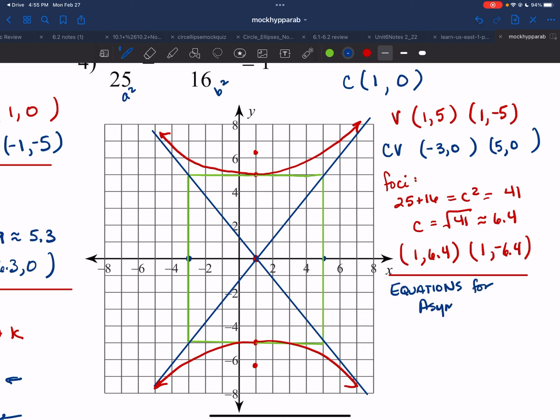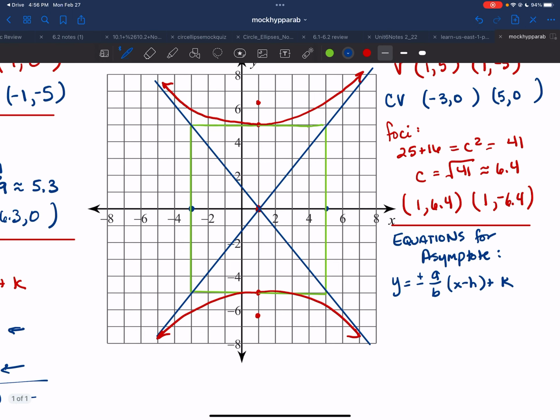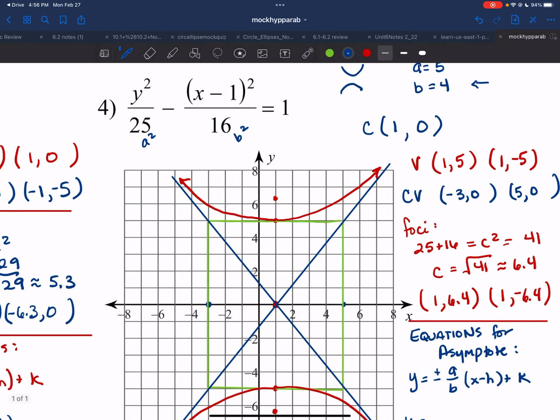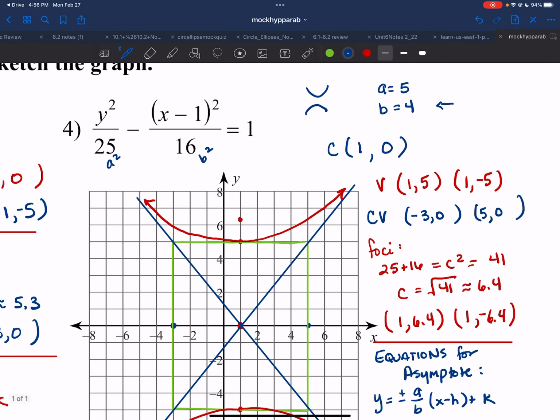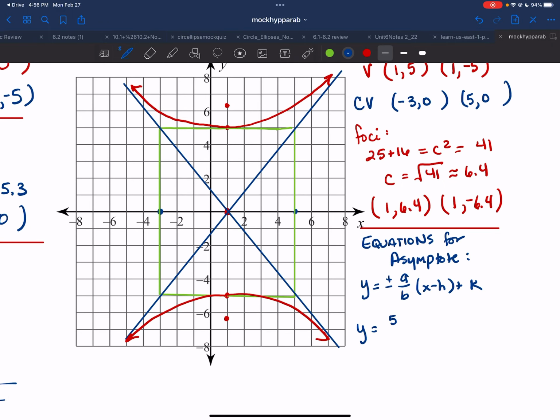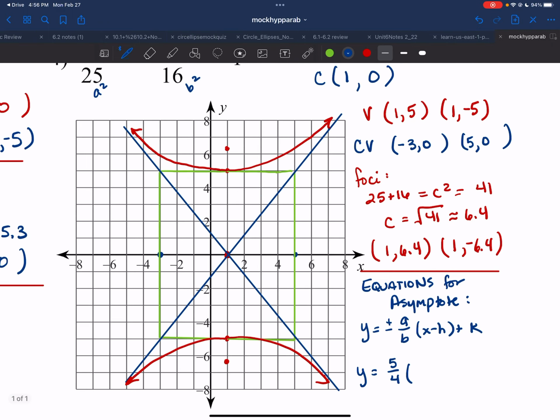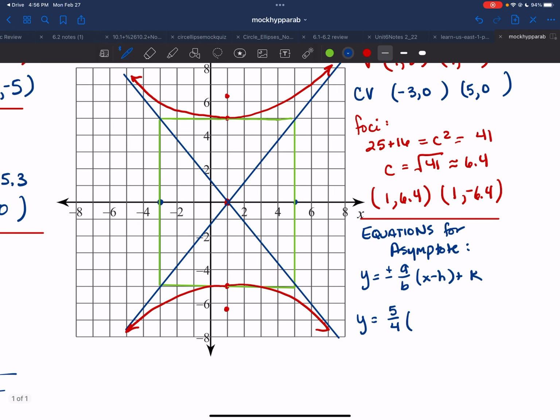Okay, so we have y is equal to, and remember this is plus or minus a over b times x minus h plus k. That's my formula. So my first one is going to be y equals, and I'll do the positive. So that'll be 5 over 4 times x minus 1, and then plus 0.